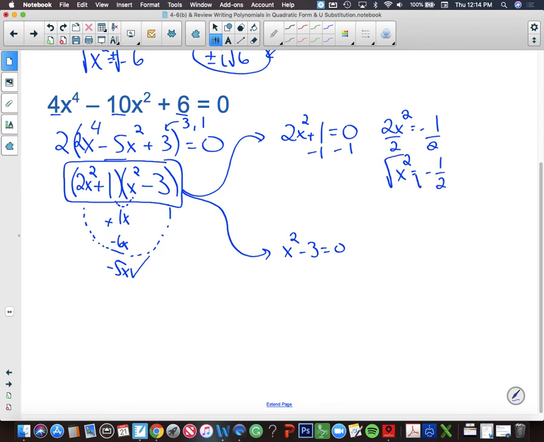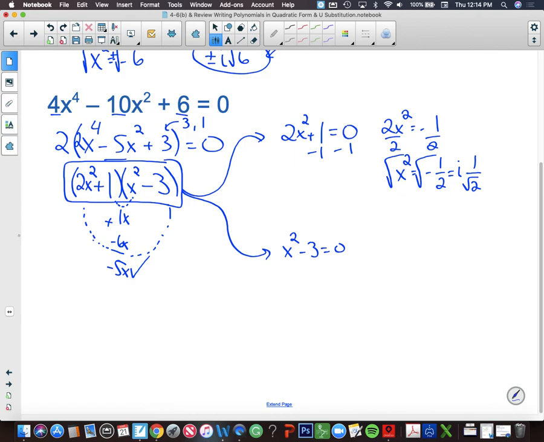Square root both sides, and this one you have to remember how to rationalize here, because when we square root these, you square root the top, which would just be a 1, and then you square root the bottom, which would be the square root of 2. So this is going to be 1 over square root 2, but don't forget we have that i in there.